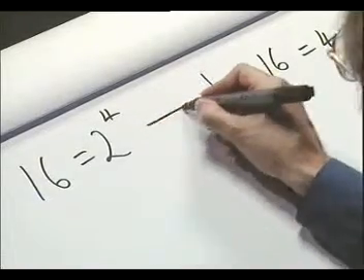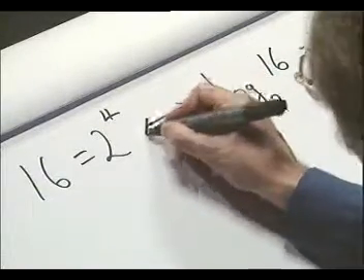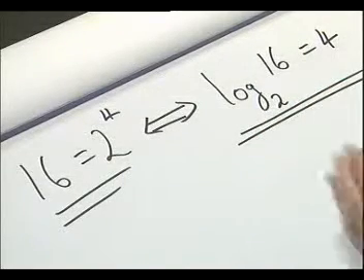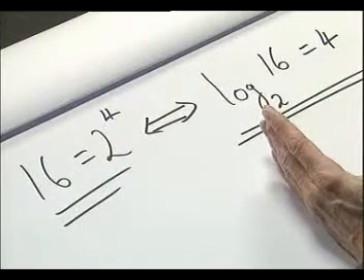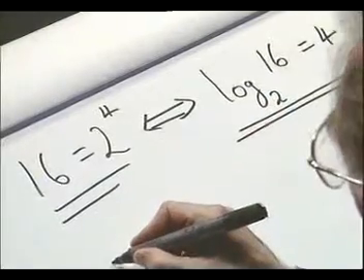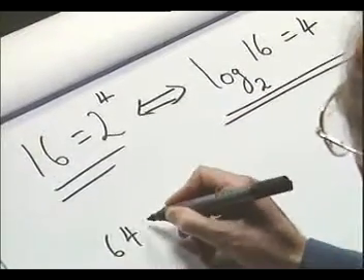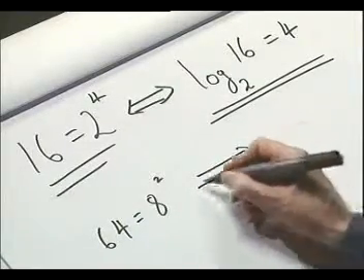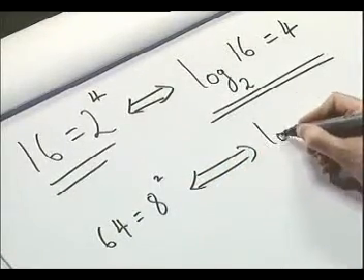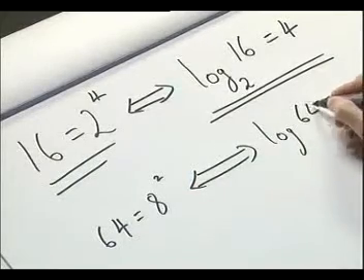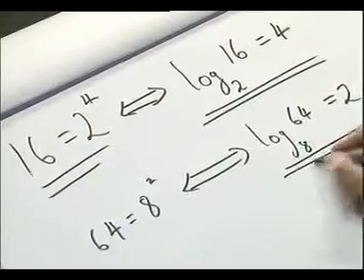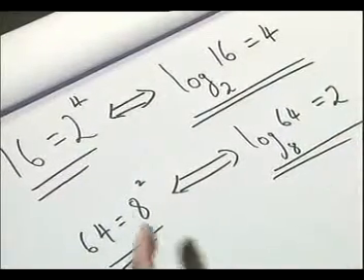So these two are equivalent statements. If we write one, we automatically imply the other. So if I say that 64 is 8 to the power 2, that is exactly the same as saying that the log of 64 to base 8 is 2. These two statements are exactly the same.